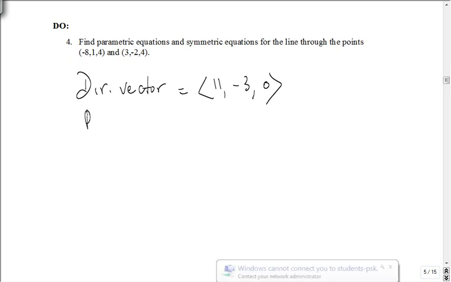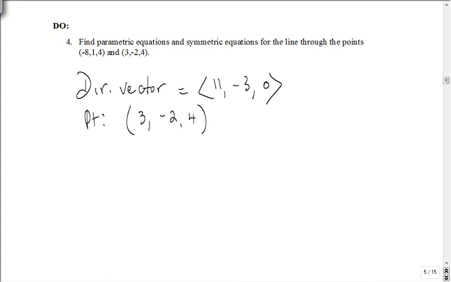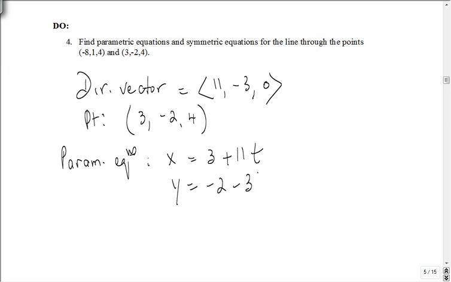So if you use the point (3, -2, 4), and you could have used (-8, 1, 4) as well, your parametric equations are x equals 3 plus 11t, y equals -2 minus 3t, z equals 4.